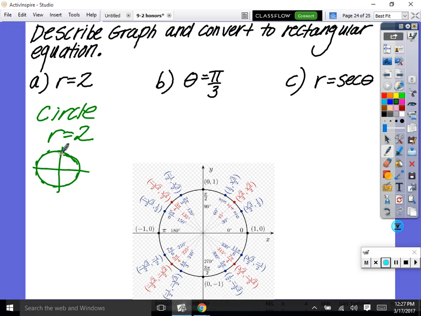Okay, so right here it says, describe the graph. So everybody, this would be a circle. This would be going up pi thirds, right? Going up pi thirds, and then any point that falls on that.